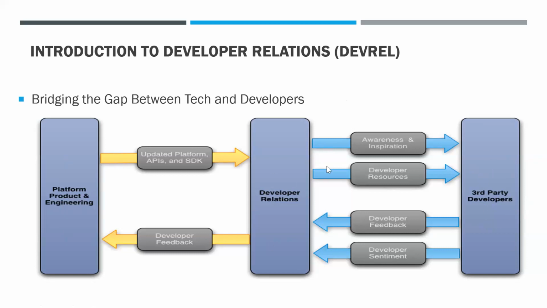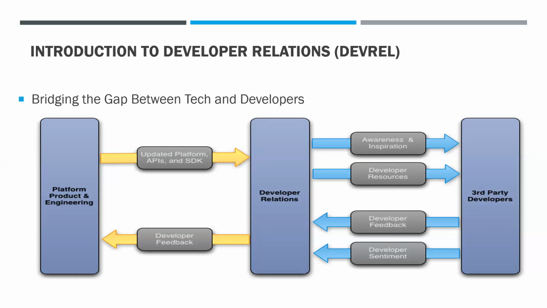Then we have a developer relation in between. So a developer relation is the middleman. Is the one that will create awareness, create inspiration, create resources for developers, and give feedback back to the companies.